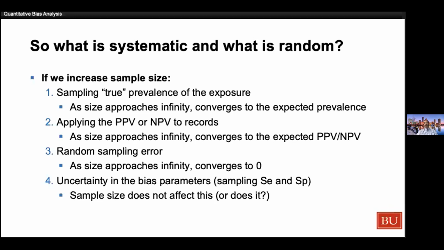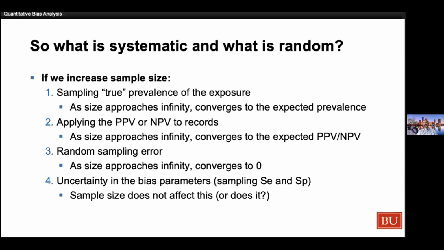Well, two things happen. First of all, I don't really need to do a bias analysis at that point because if I've done a validation study on everyone in my study, I actually know the true value. I wouldn't use the misclassified value. But even if I did, I would be doing it with distributions around the sensitivity and specificity that are so narrow that they would actually approach the expectation and the variability would go away even in that fourth parameter.